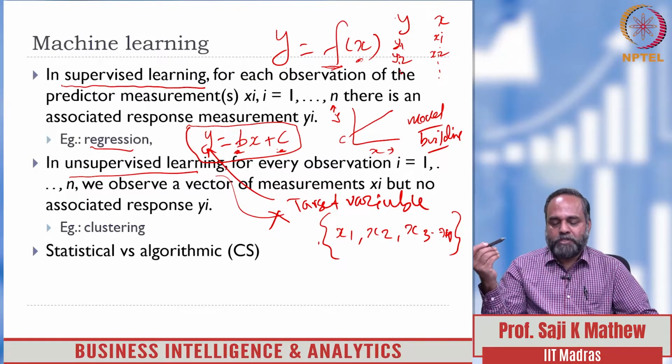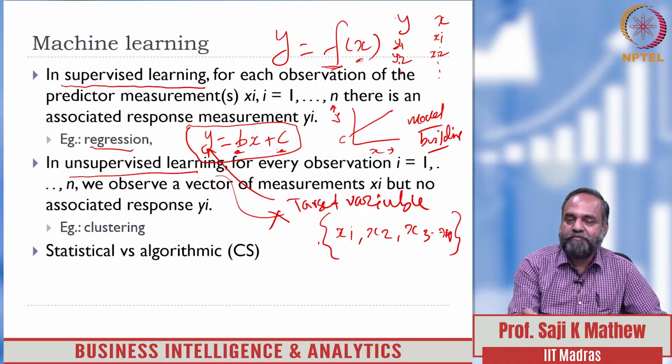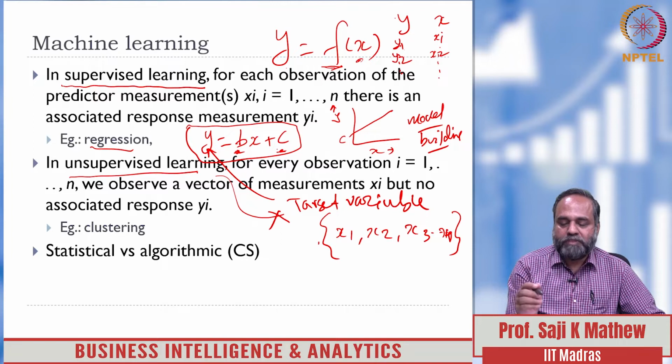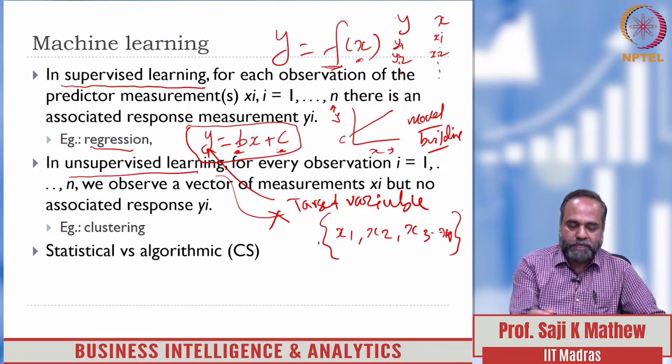That is a vector; we call it a feature vector in machine learning. So x1 to xp is a set of features of an object. Now we don't say x1 is a dependent variable and x2 to xp are independent variables. No, there is no definition of dependent and independent variables in unsupervised learning.